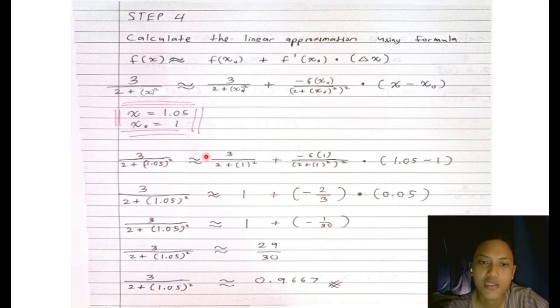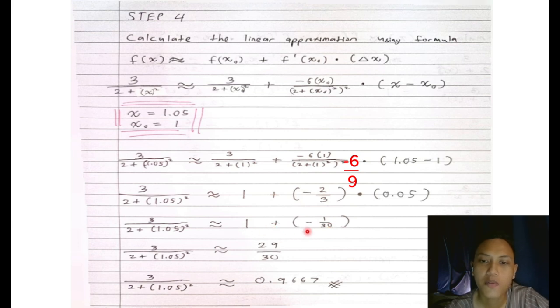We just calculate this out. 3 over (2 + 1 squared) is 3 over 3, which becomes 1. Next, negative 6 over (2 + 1 squared) squared, which is 3 squared, is 9, and simplifying it becomes negative 2 over 3, times 0.05. Negative 2 over 3 times 0.05 becomes negative 1 over 30.